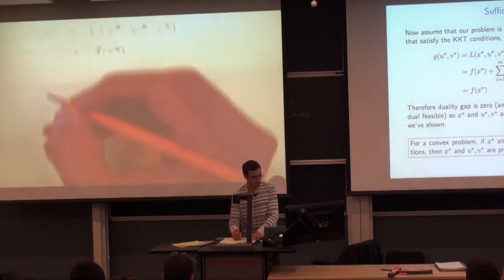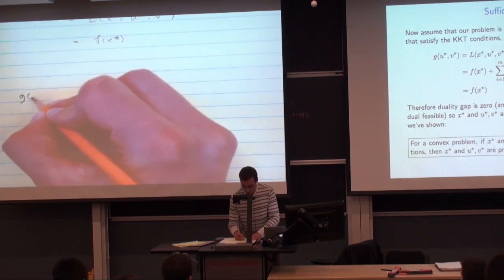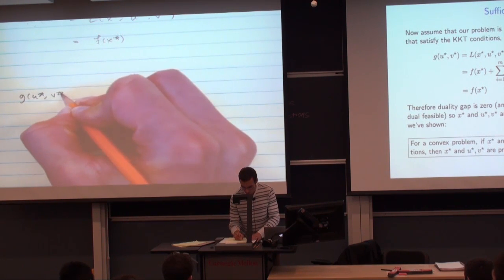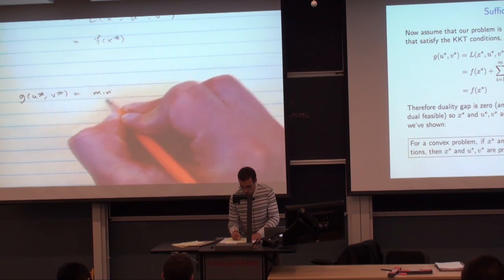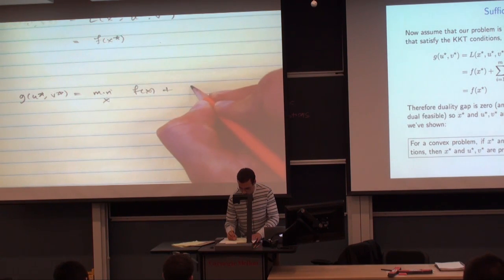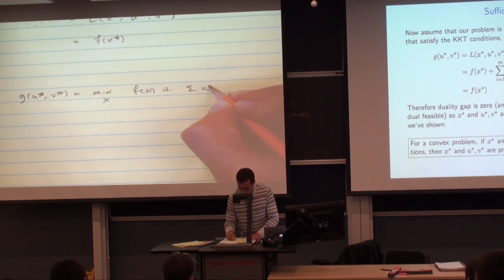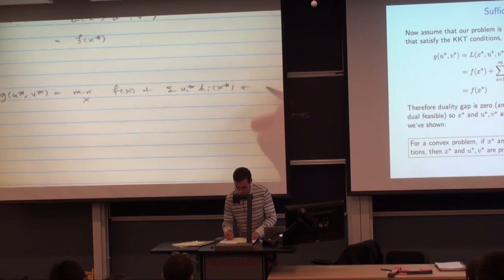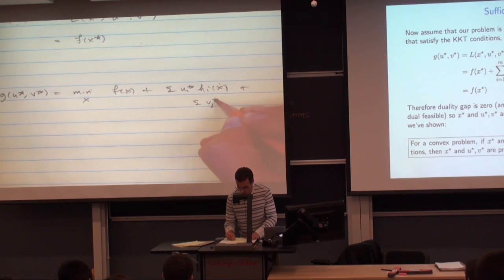Let's just write this out so we all can be on the same page. G is equal to the minimum over all x of f of x plus u_i star times h_i of x, and v_j star times l_j of x.